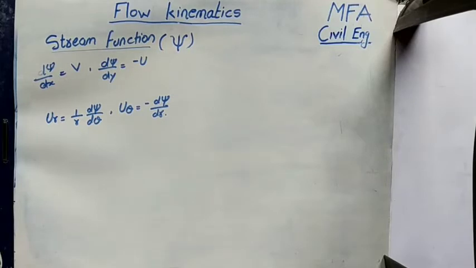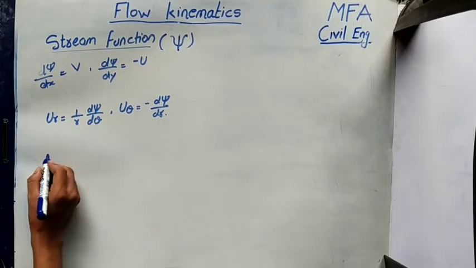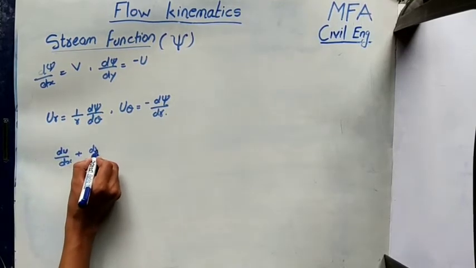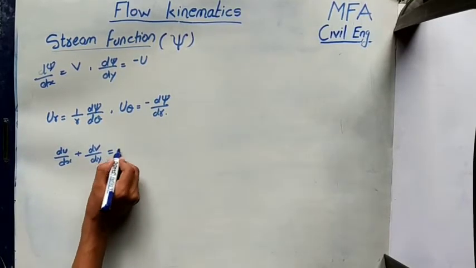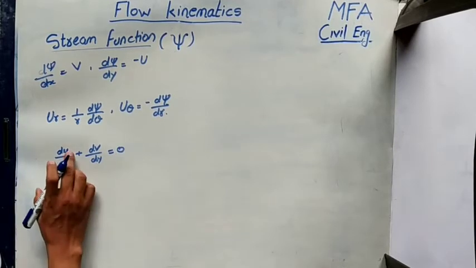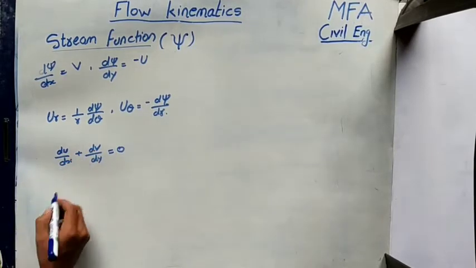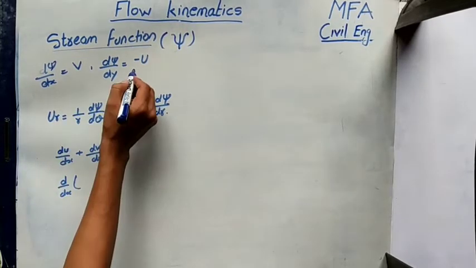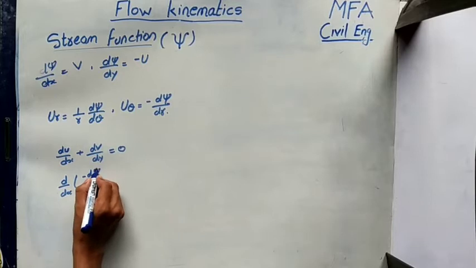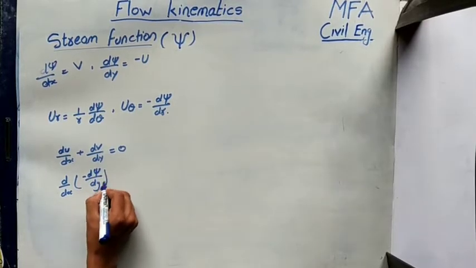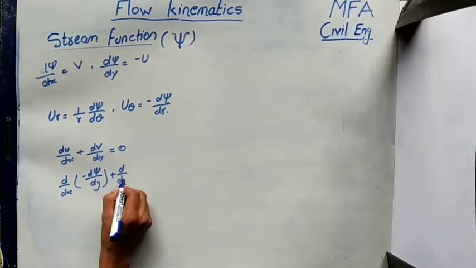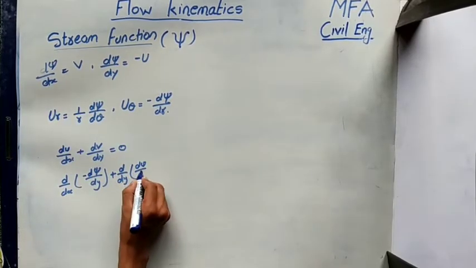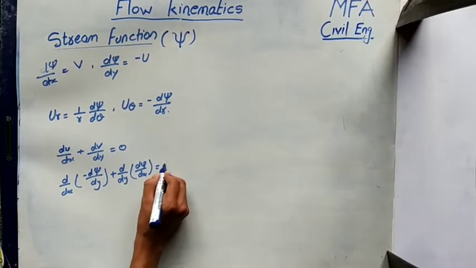The continuity equation for two-dimensional flow is given here, that is du by dx plus dv by dy is equal to 0. Now putting the values of u and v in this equation, we get d by dx of u, which is minus of d psi by dy, plus d by dy of v, that is d psi by dx, which is equal to 0.